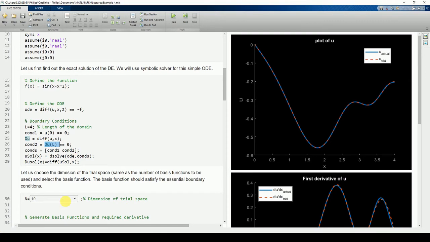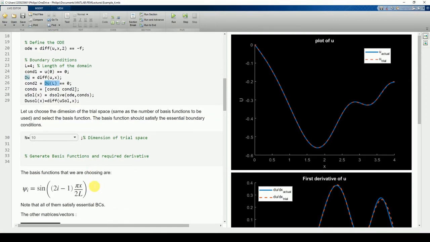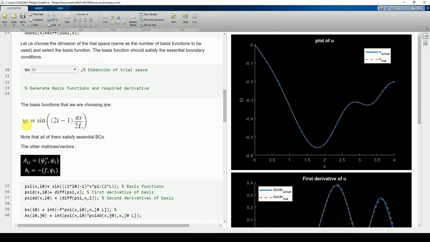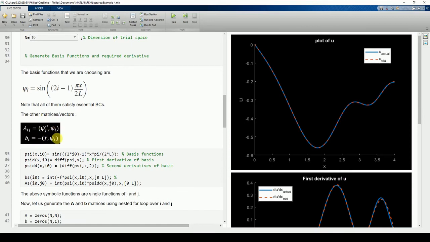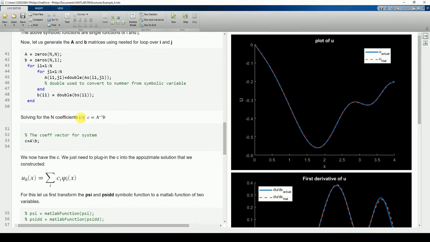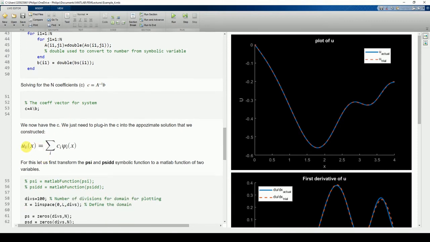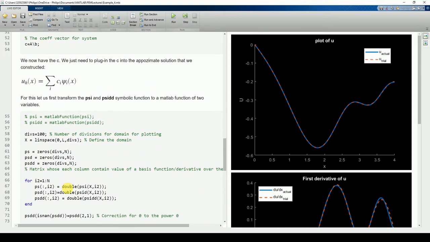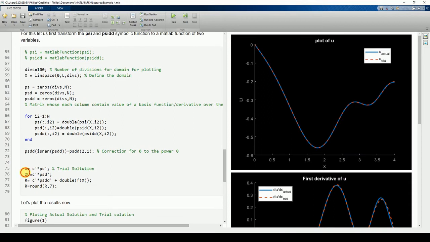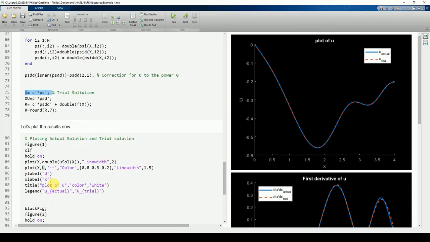This is our basis function, and a_ij and b_i are defined in a similar way, and we again calculate c, construct our trial solution, calculate the derivatives and the trial solution from this equation, and we are plotting it here.